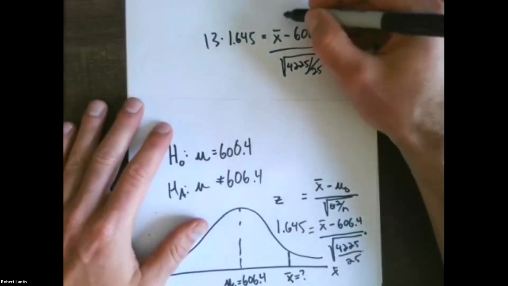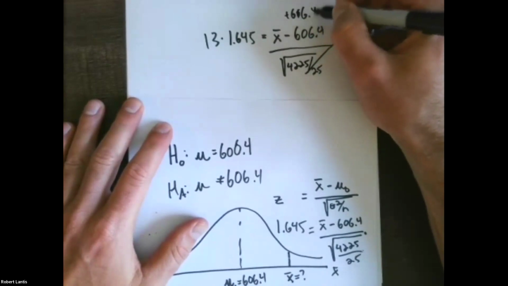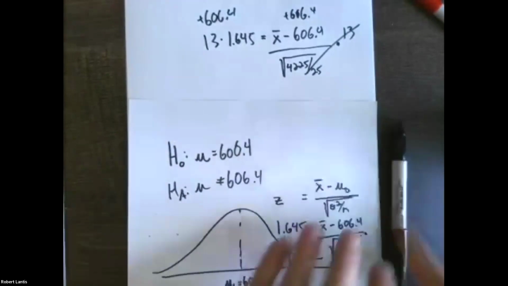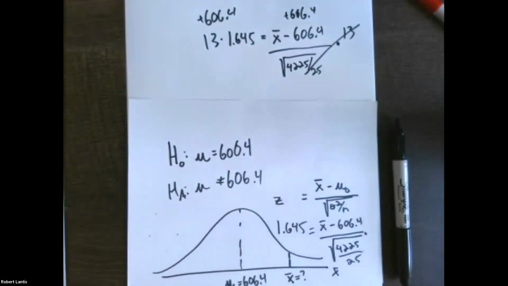I'm then going to say, okay, well, I need to add 606.4 to both sides. So if I add 606.4 to that value, I end up with 627.78. So as soon as I see a sample mean that is 627.78 or higher, I know I'll start to reject the null. Okay.